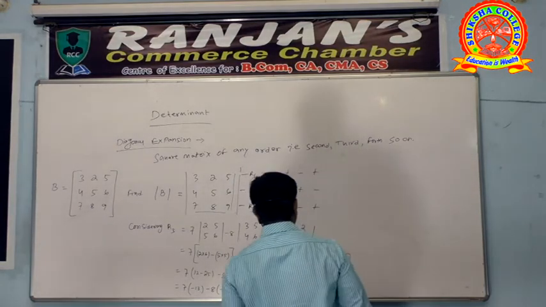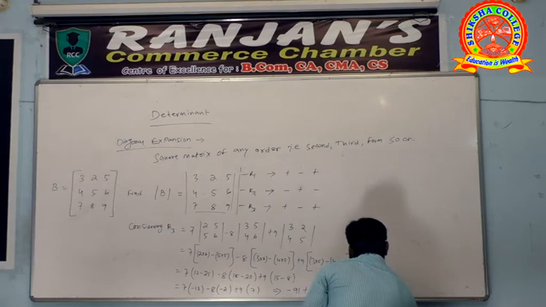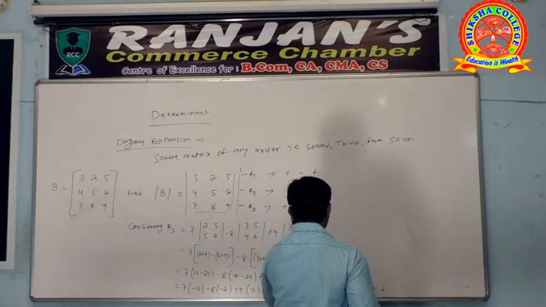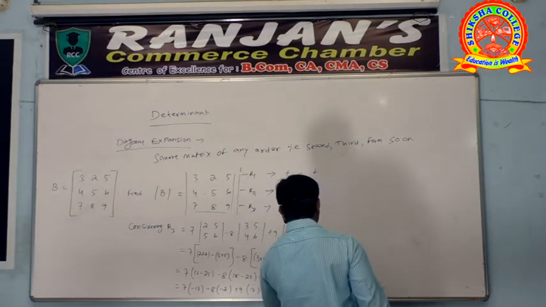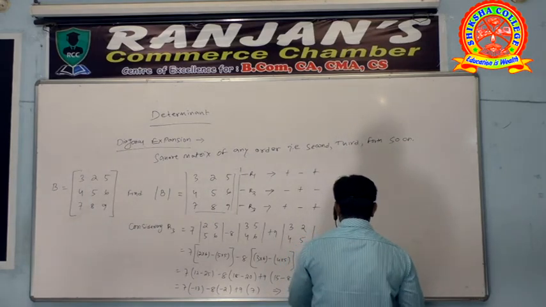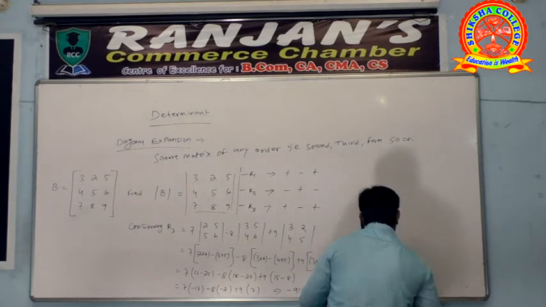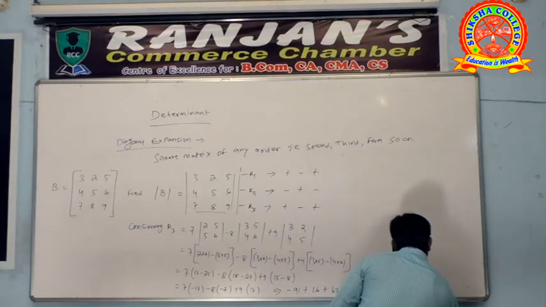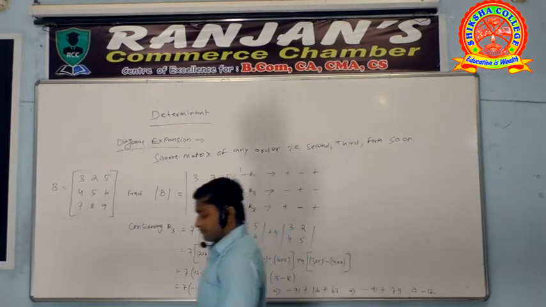Now what left? So we have minus 91 and in plus we have 16 and 63. So 16 and 63, that comes 79. Minus 91 plus 79, that comes minus 12.